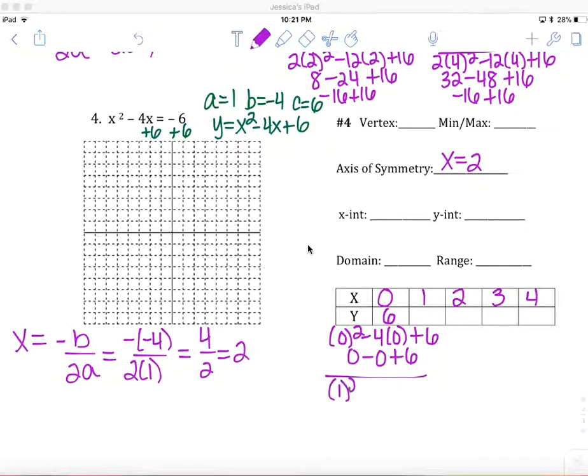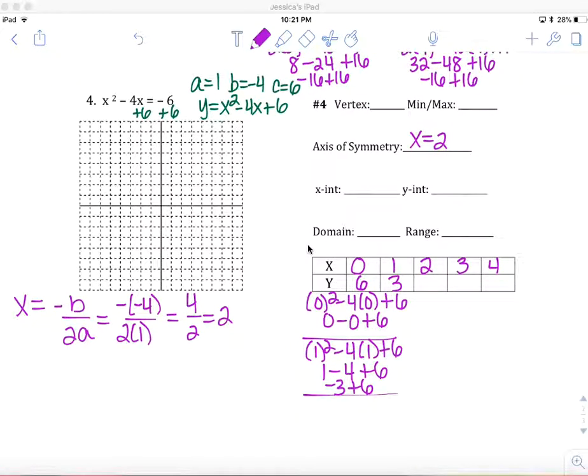Plugging in 1, I have 1 squared minus 4 plus 6. Negative 3 plus 6 is 3. Plugging in 2, I have 4 minus 8 plus 6, which ends up giving me positive 2.